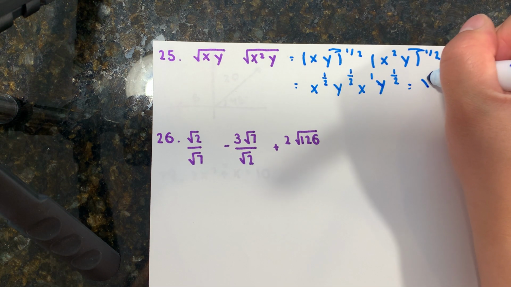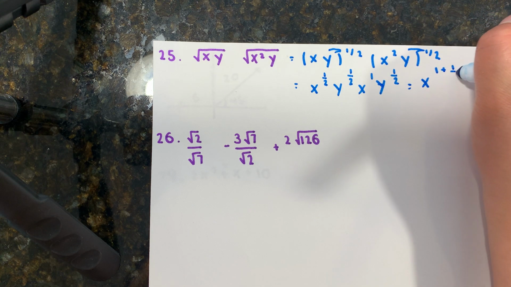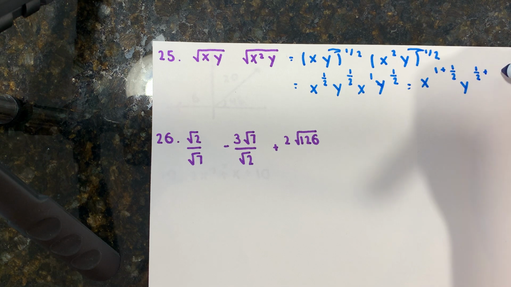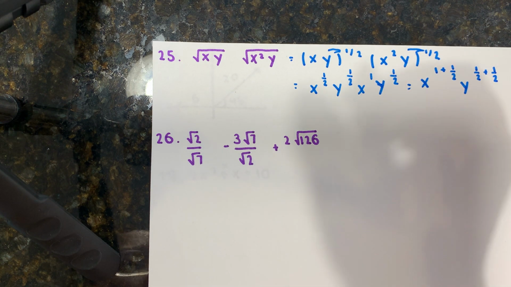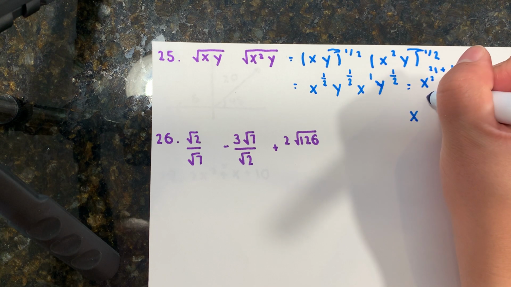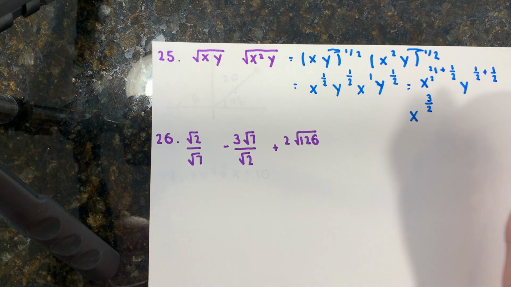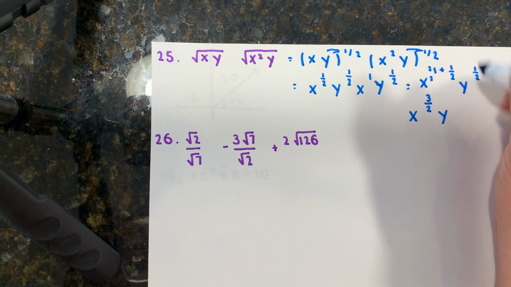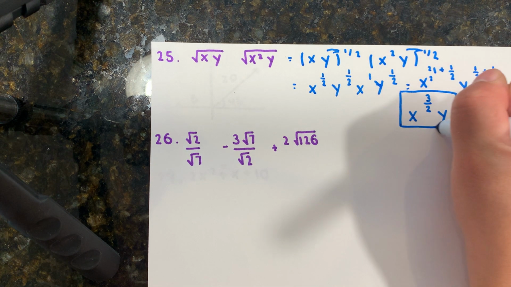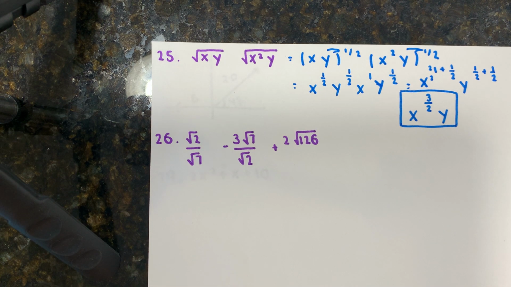So if I add the 1 and the 1/2, and then for the y, I add the 1/2 and the 1/2, I'm going to end up with x to the power of 3 over 2, and then y to the power of 1, because 1/2 plus 1/2 is 2 over 2, and therefore equal to 1.